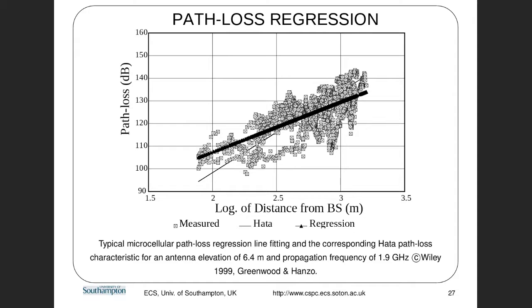So Hata's model doesn't always fit. In reality, your mobile phone always feeds back signal to the base station. So the base station would always collect a lot of data, and it would dynamically adjust its path loss model.